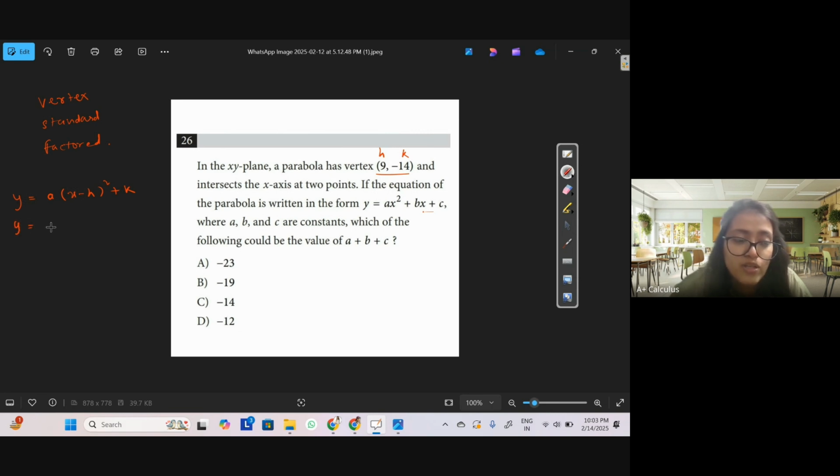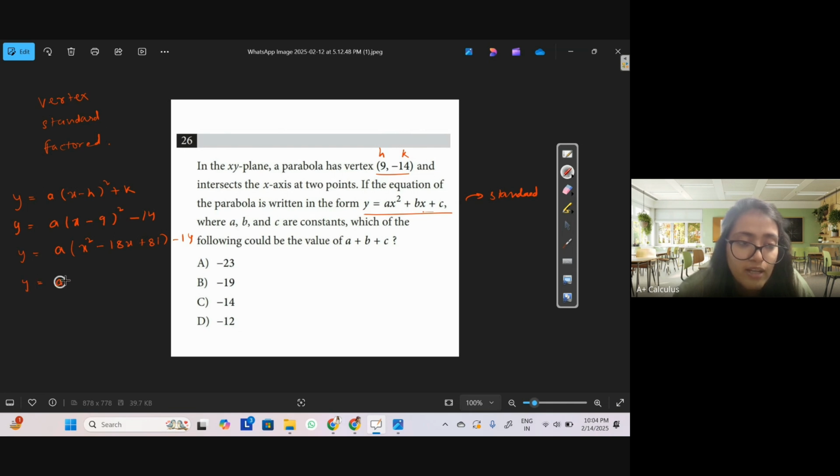Your equation in the vertex form is y is equal to a times (x minus 9) whole squared minus 14. And it can also be written in this form, the standard form. So you can convert the vertex form into the standard form. So this (x minus 9) whole squared will be x squared minus 18x plus 81 minus 14.